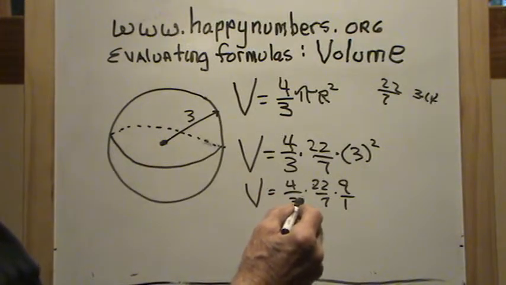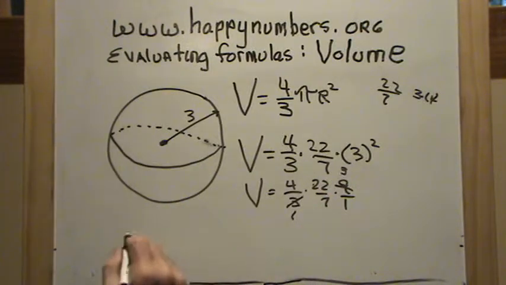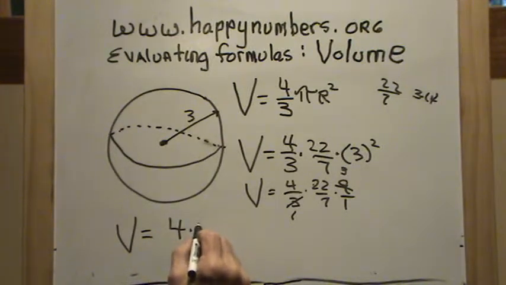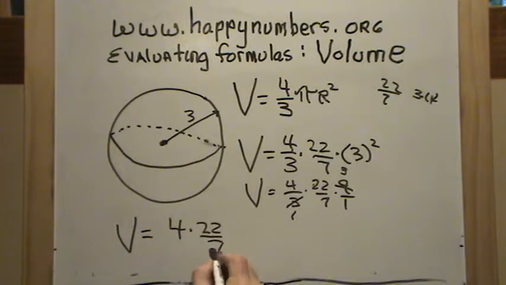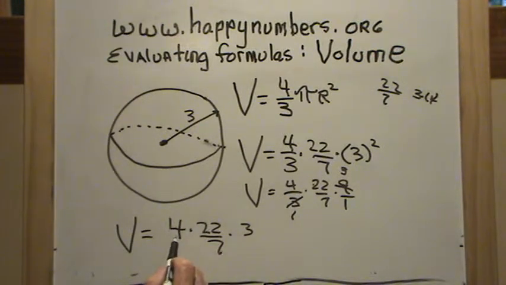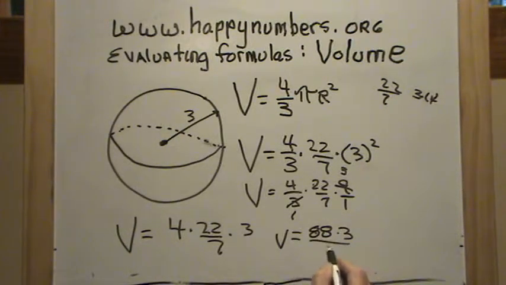Then we can cancel. 3 goes here, and 3 goes here. So now, our volume is equal to 4 times 22/7 times 3. 4 times 22 is 88. So volume is equal to 88 times 3/7.